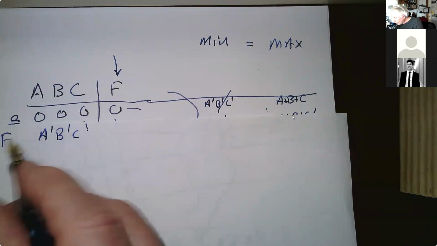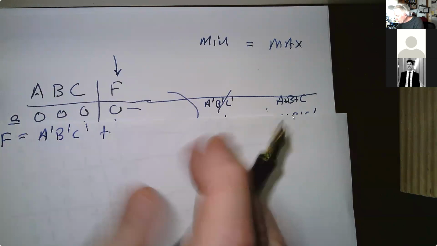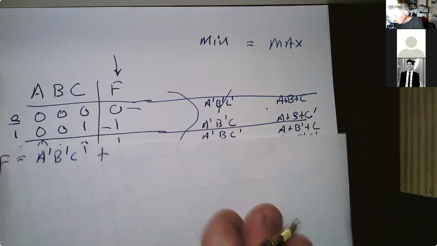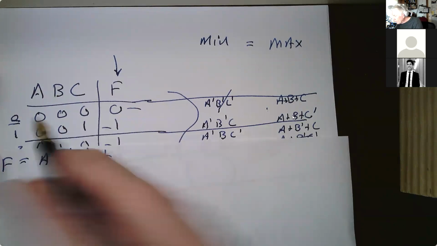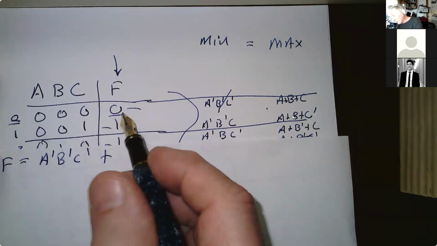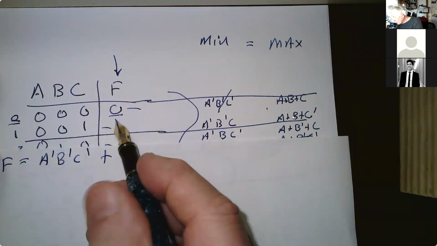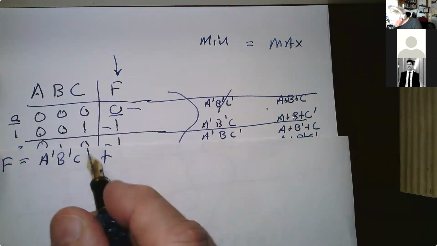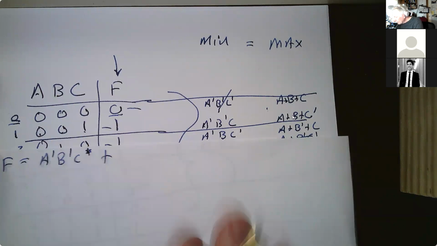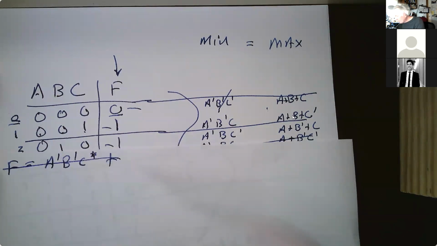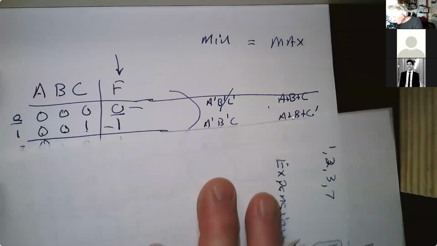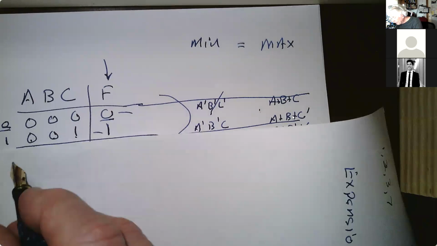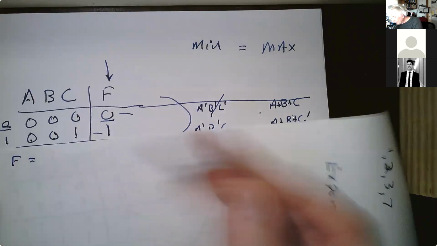But the output in row 0 is 0, so I don't take that min term. The min term I want is row 1, A prime, B prime, C. So let me just start over.